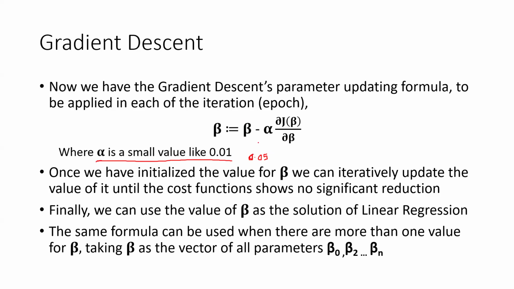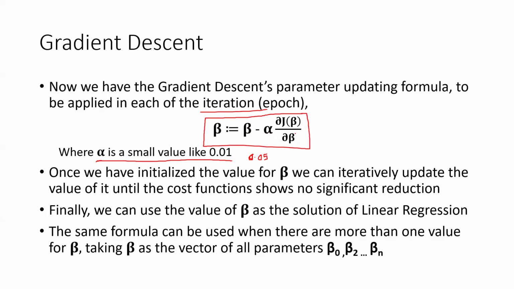Now in gradient descent, the update rule that happens in one iteration can be given by this formula. So this is all about gradient descent. We update the beta value so that from the original beta value we reduce some value proportional to the slope.